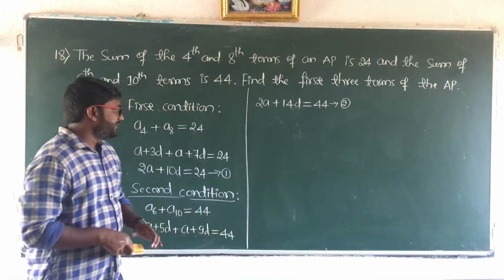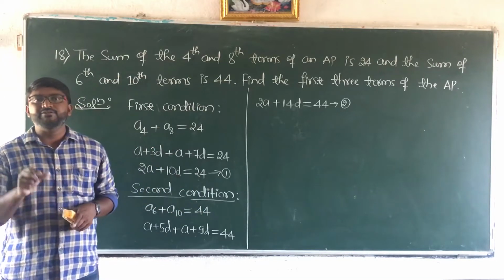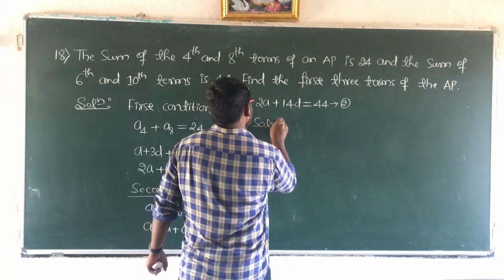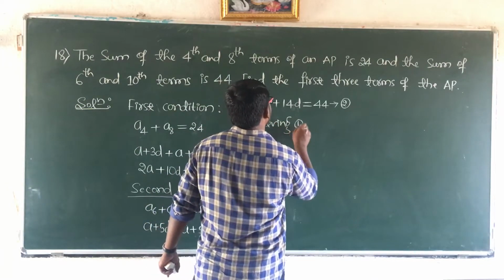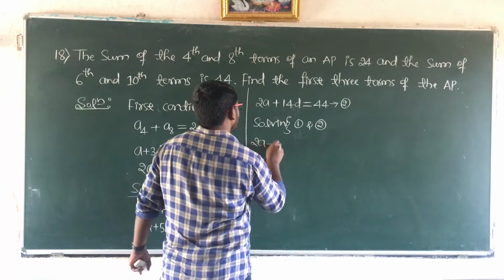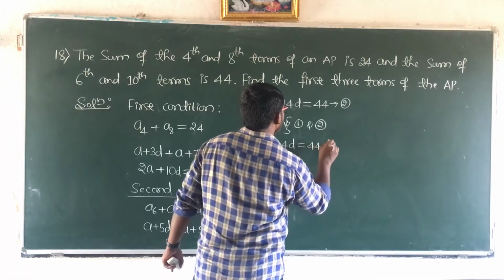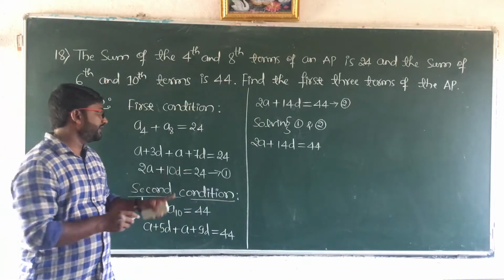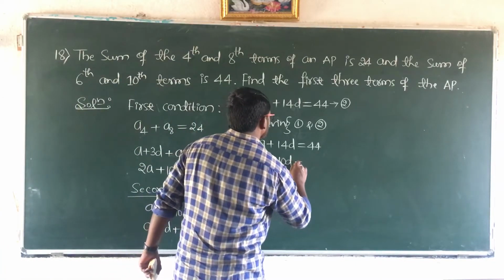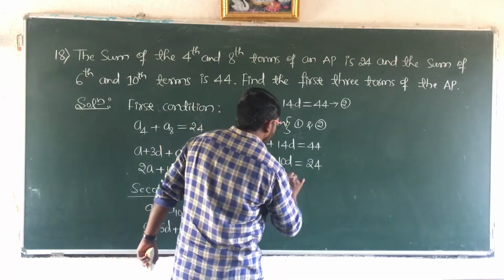Now we have to solve equation 1 and equation 2 in order to get the values of A and D. Solving 1 and 2, first I will write 2A plus 14D is equal to 44. Now I will write 2A plus 10D is equal to 24.